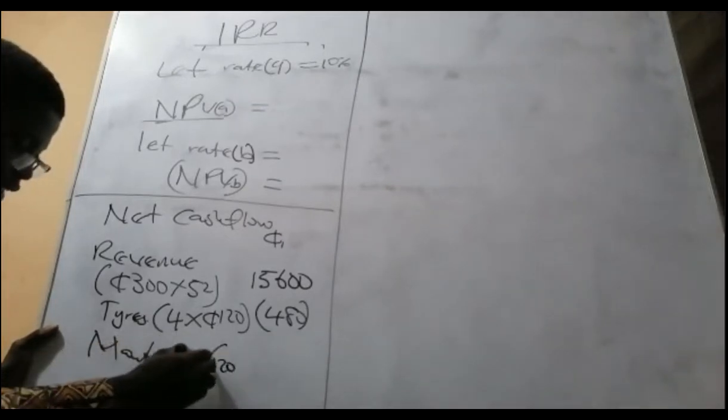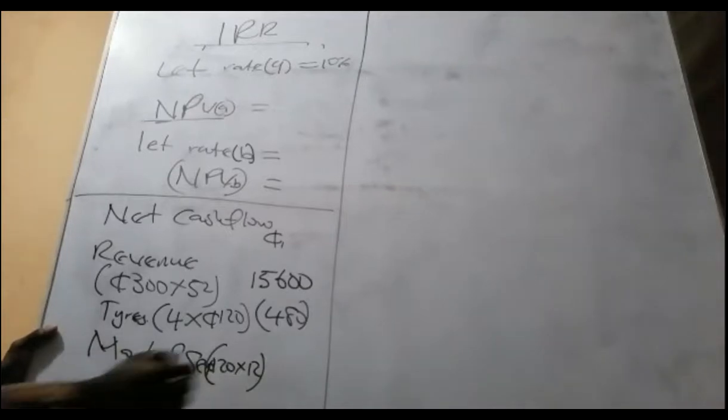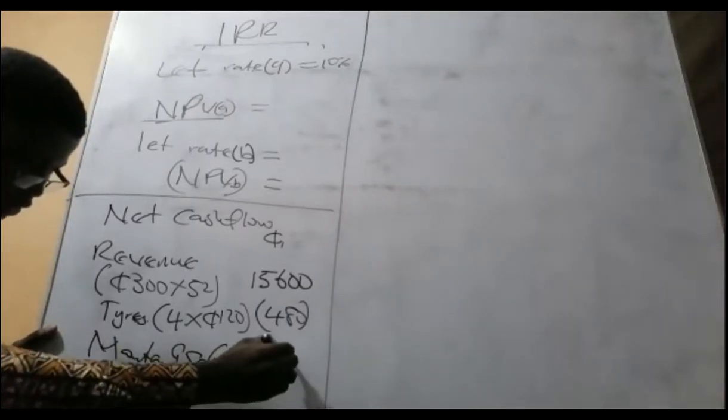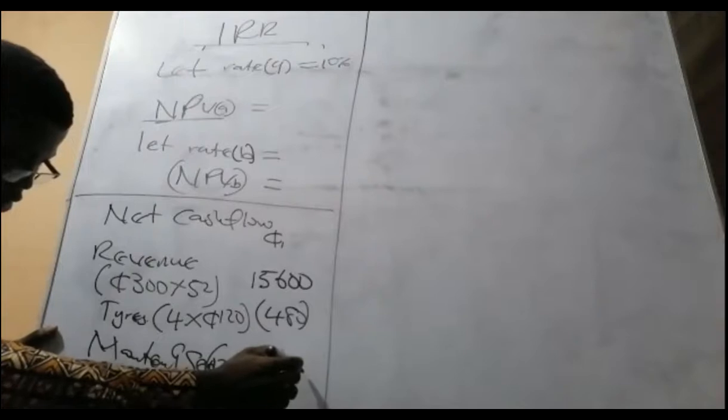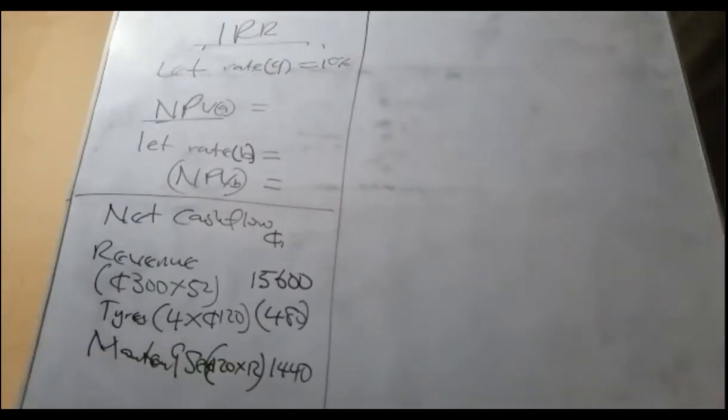So 120 Ghana cedis times 12 months. And that'll give us 1,440. Agreed. Great. So that is it. Now let's move on.